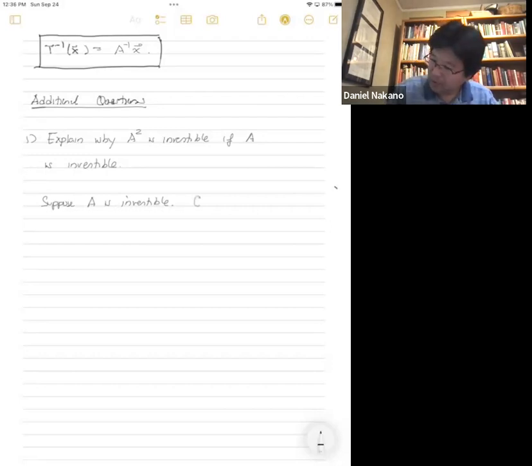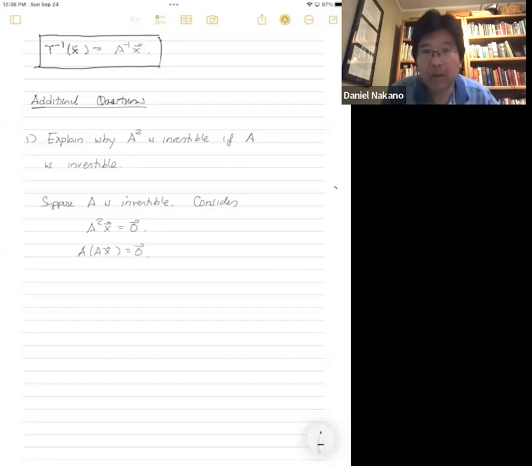So we should consider A squared x equals 0, the homogeneous system. What does this mean? That means that A times Ax is equal to 0. But what do we know? We know that A times something is equal to 0. Well, A is invertible, so that means that Ax has to be 0.